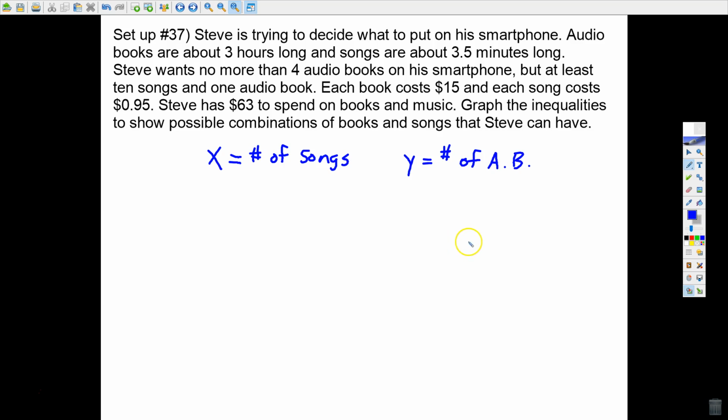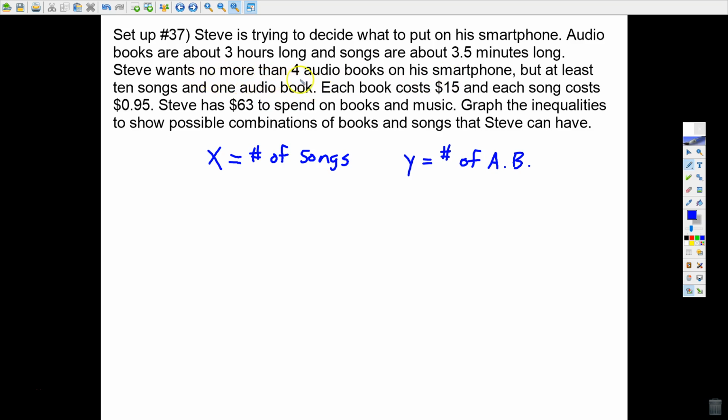So I'm going to come up with the system, and then I want you to see if you can graph it, and then we'll talk about possible combinations of books and songs that he can have. All right, so let's think first of all about what he says about how many of each he wants. Let's think about the audiobooks.